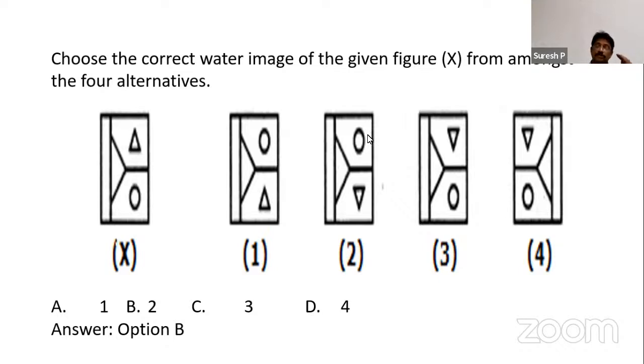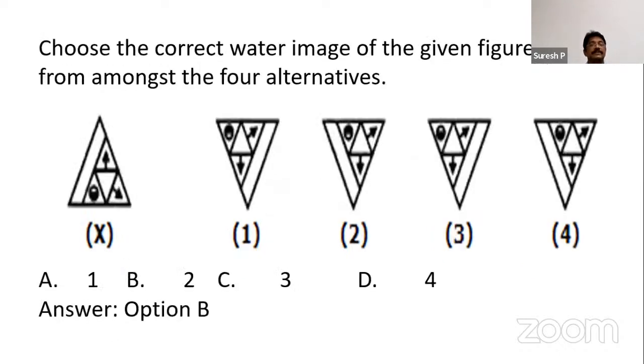Is it clear? The basic information about finding a water image is that the image is going to be inverted. That's very important. Now go for the next one. Choose the correct water image of the given figure from among its four alternatives. Just now I said the basic information: the image should be inverted.